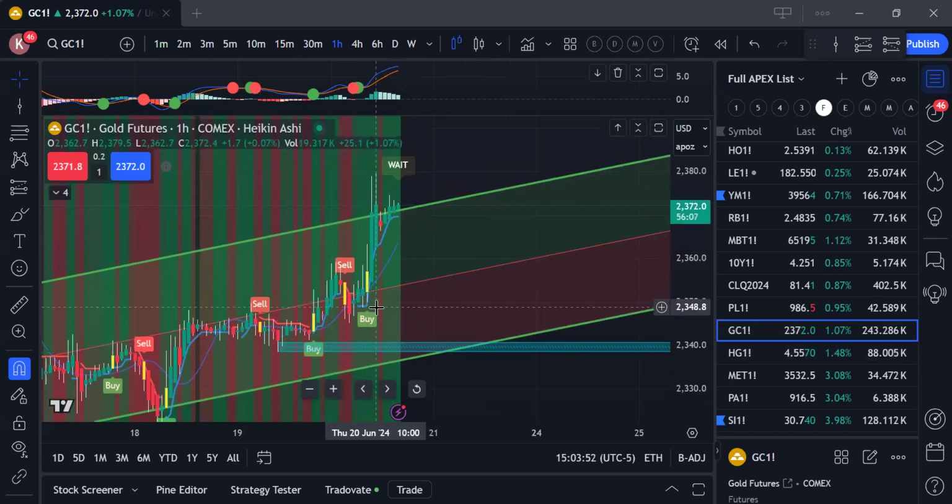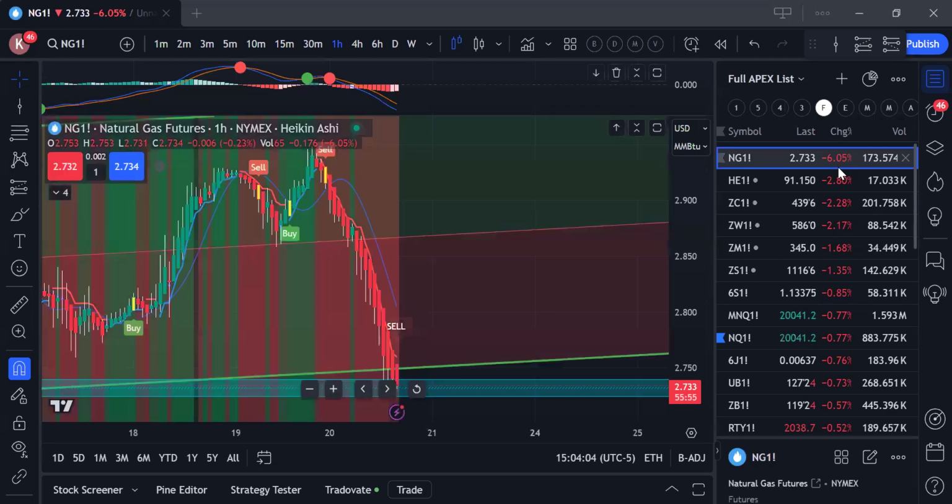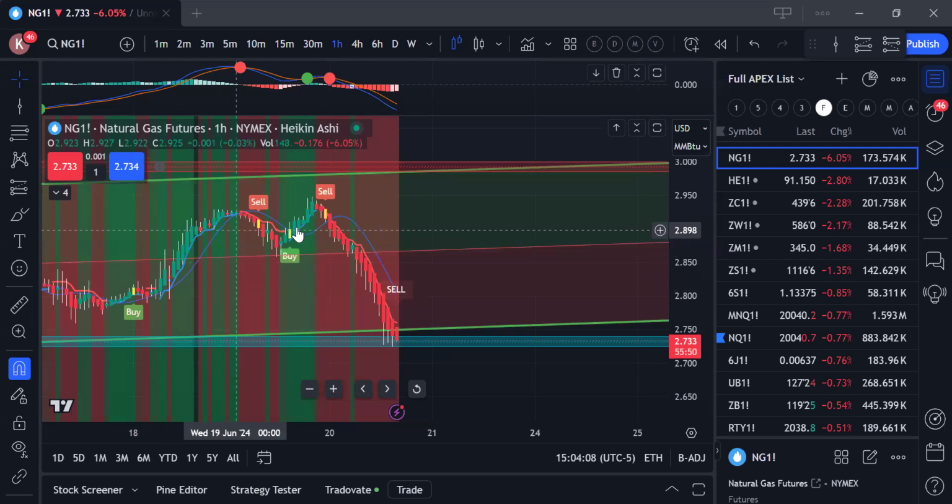So we have a lot of time for copper. Natural gas: now it is at the bottom of the channel at a strong support.